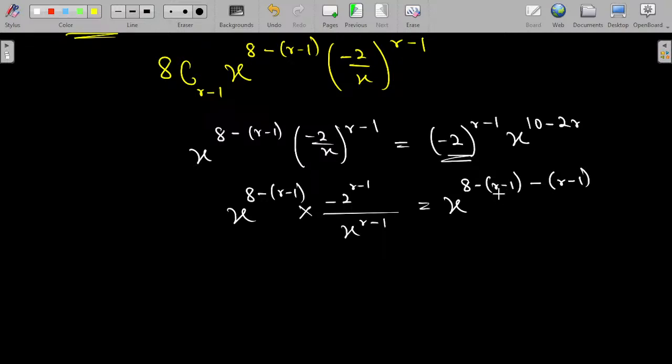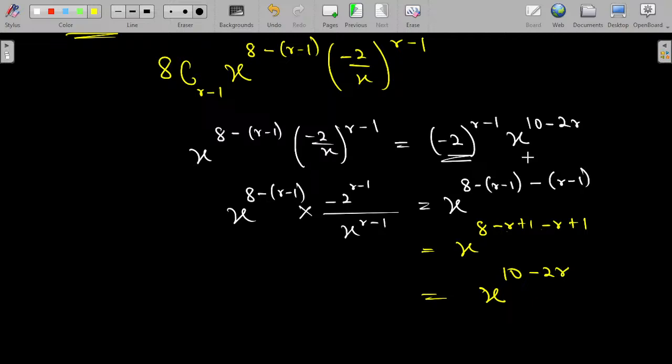Okay? So if you now open the brackets we have there, you have 8. This is going to be minus r plus 1. This one will also be minus r plus 1. And that is going to give you x to the power of 8 plus 1 is 10, and then minus r will give you minus 2r.